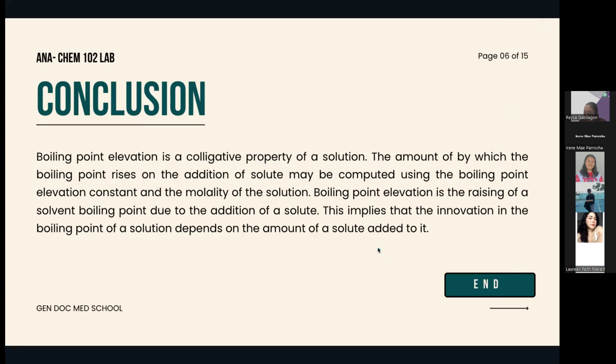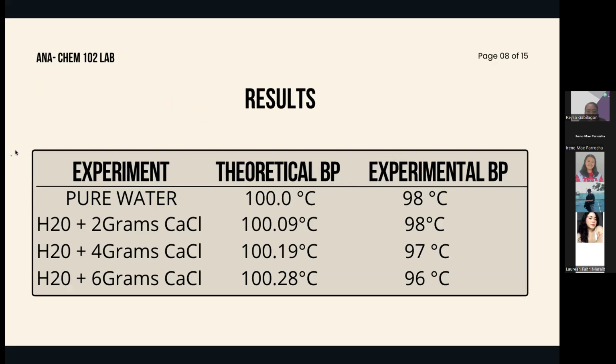Looking at your report kanina, for example, for 2 grams, that's 100.09 degrees Celsius for the theoretical value of the boiling point. However, in your actual experiment, it was just 98 degrees Celsius. And the trend is the other way around. For the theoretical boiling point, it's increasing.